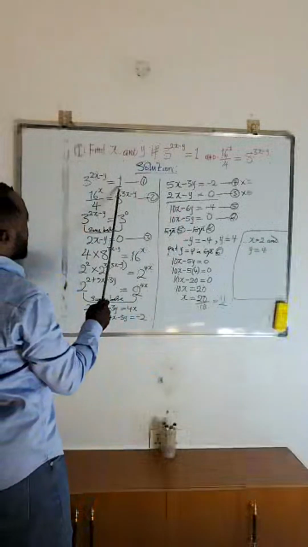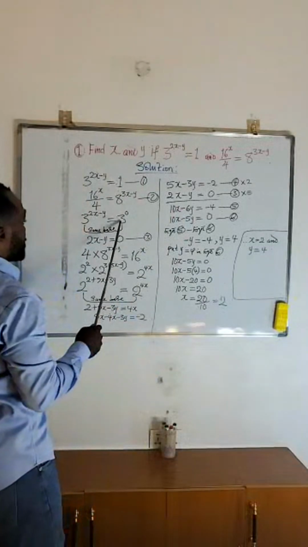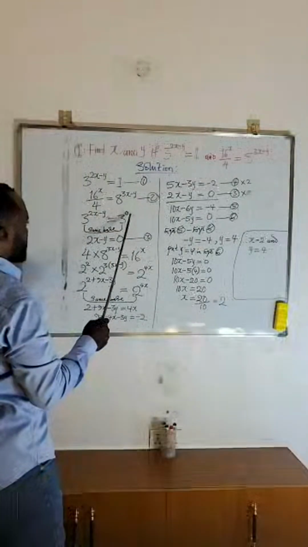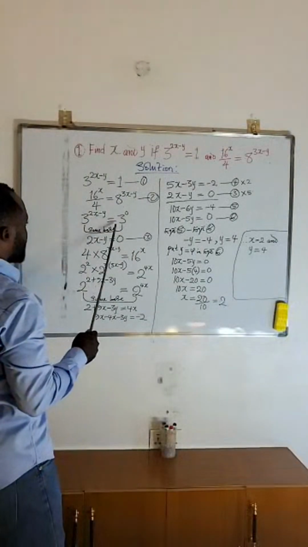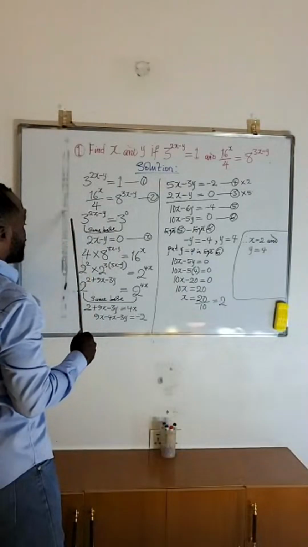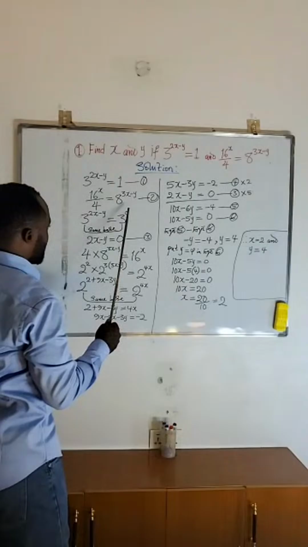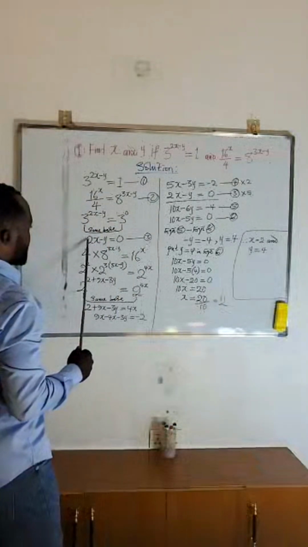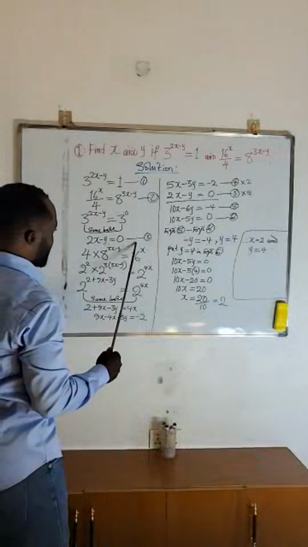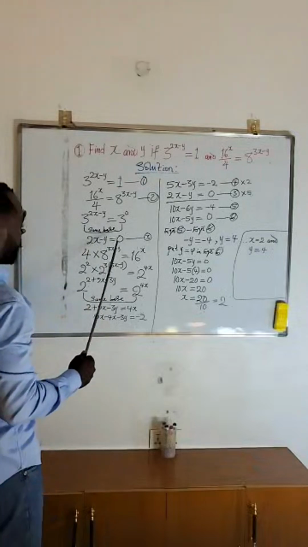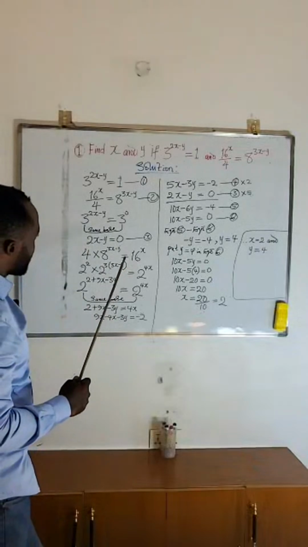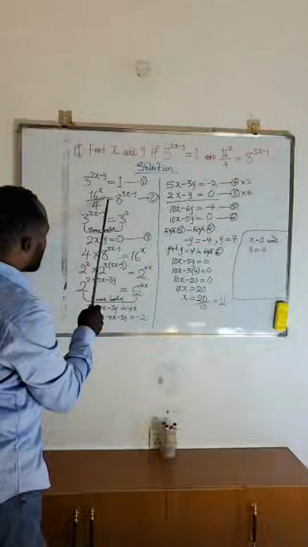And so, instead of writing 1 here, we put 3 raised to the power of 0. So that 3 and 3 will be of the same base on both sides. From there, we equate their powers. If we equate their powers, this will now look like a normal simultaneous equation. Is that right?